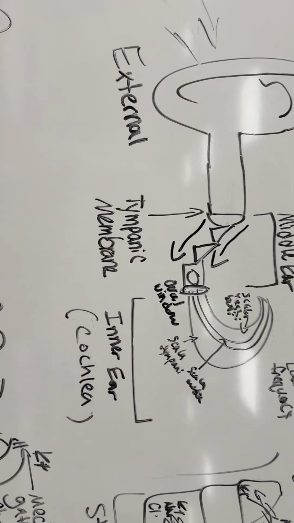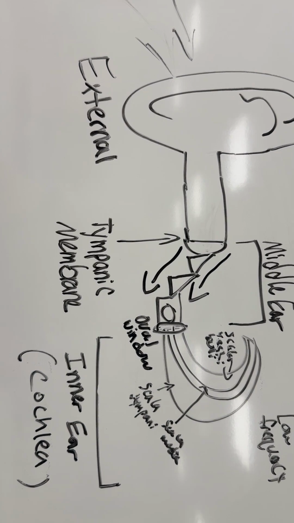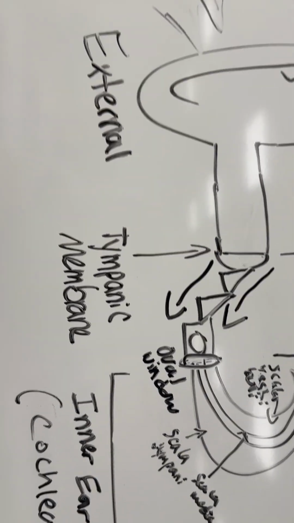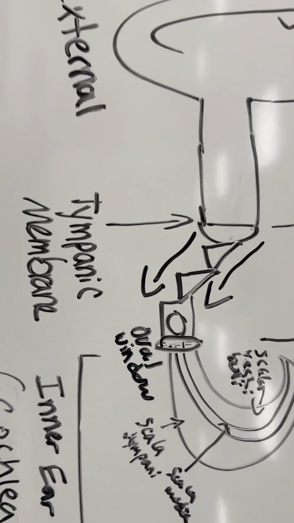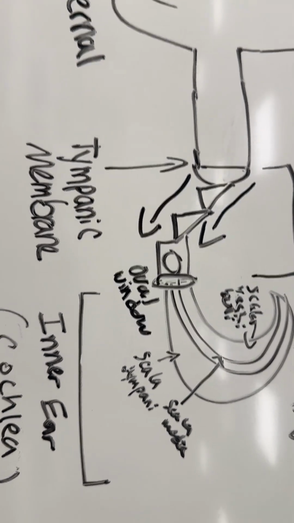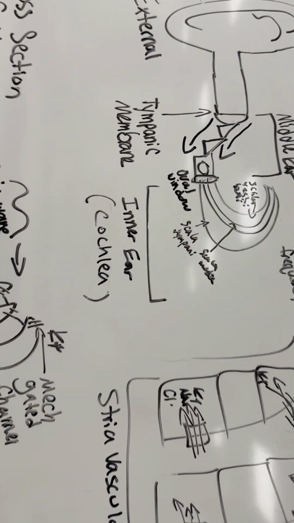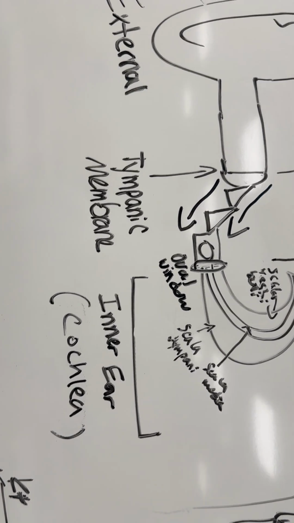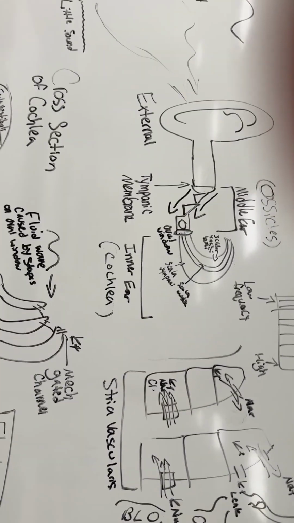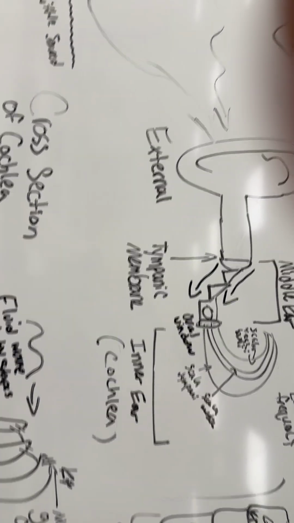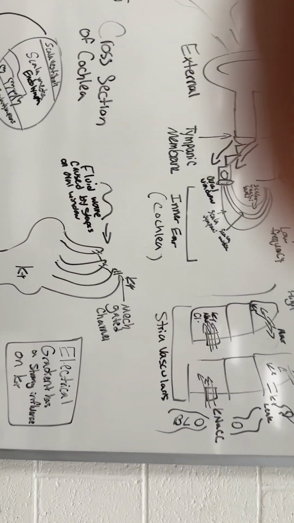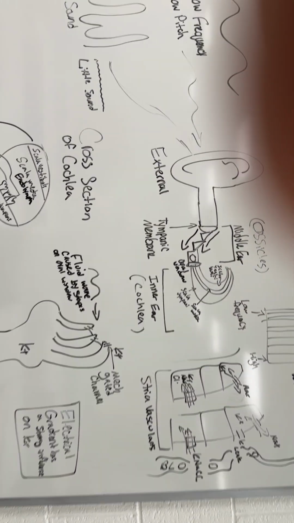And then in turn, at the end of the stirrups, we have what's called the oval window, which begins our inner ear structures. So it's the oval window of the cochlea, which is the inner ear structure responsible for our hearing. That's where we have our action potentials being produced.